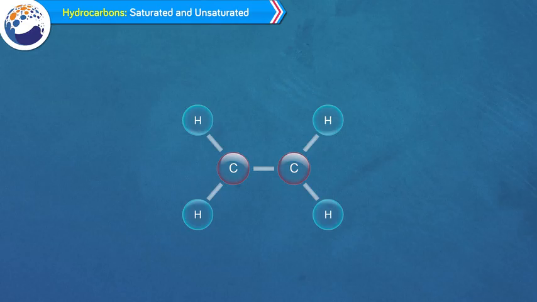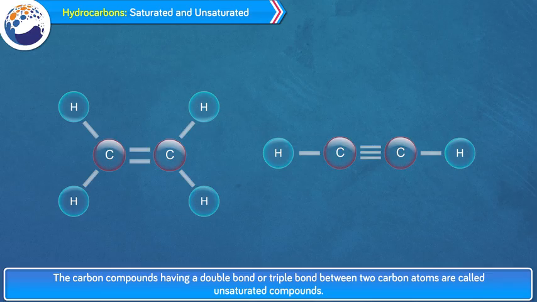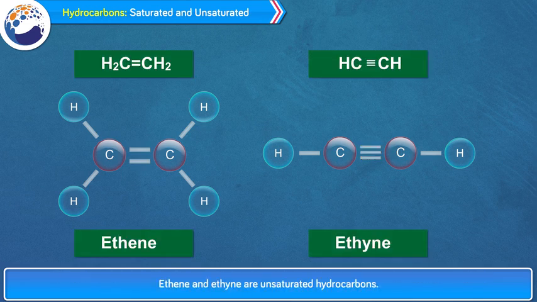Step 3. Satisfy the tetravalency of the 2 carbon atoms by drawing a double bond in place of the single bond between them. The carbon compounds having a double bond or triple bond between 2 carbon atoms are called unsaturated compounds. Ethene and ethyne are unsaturated hydrocarbons.